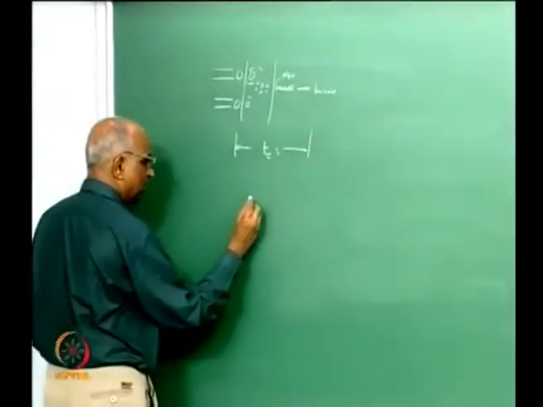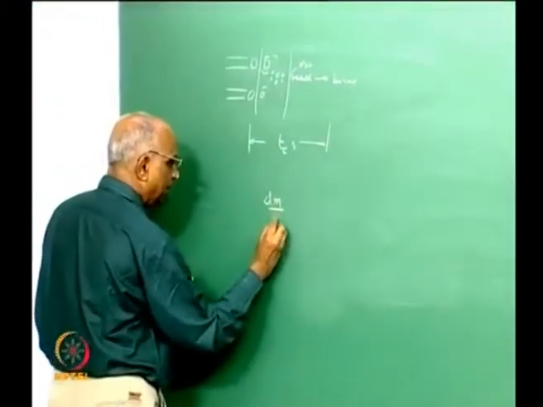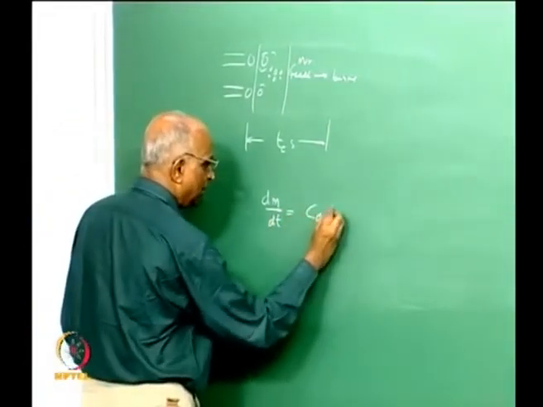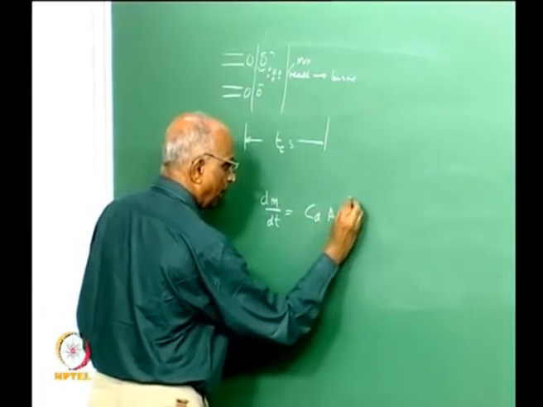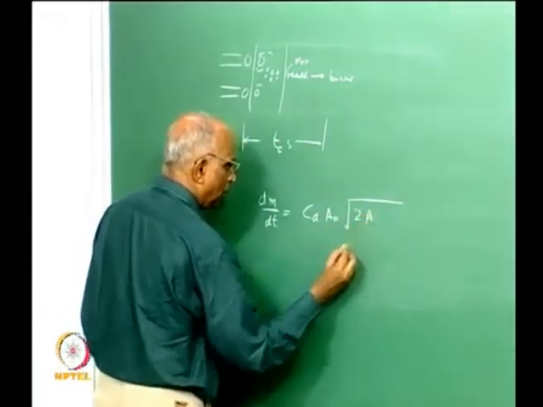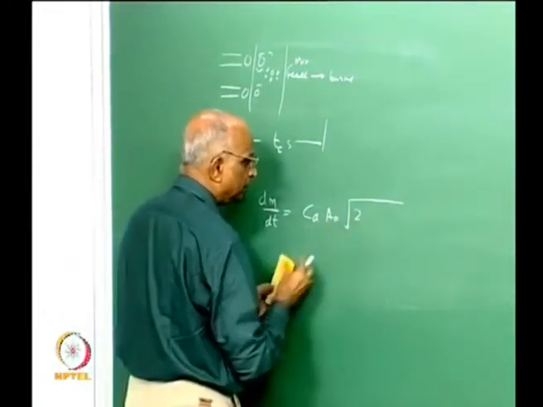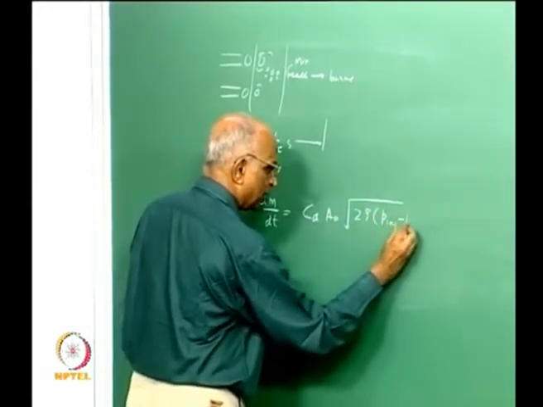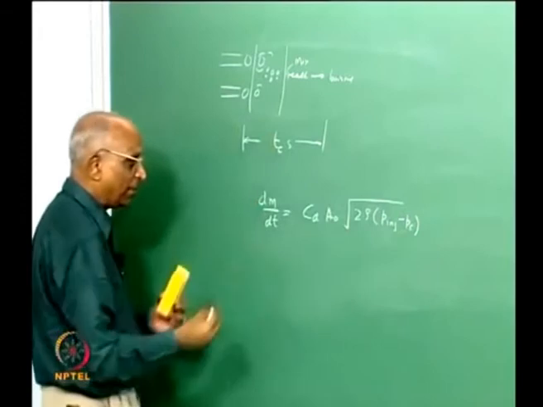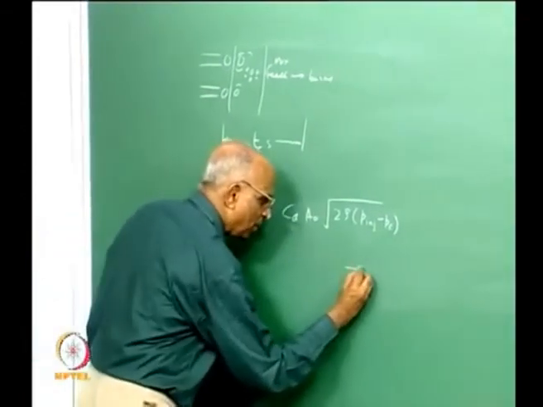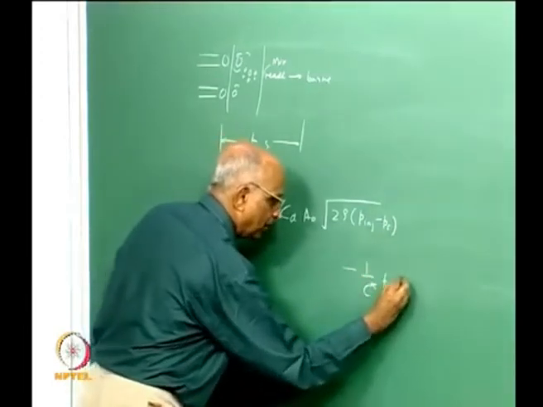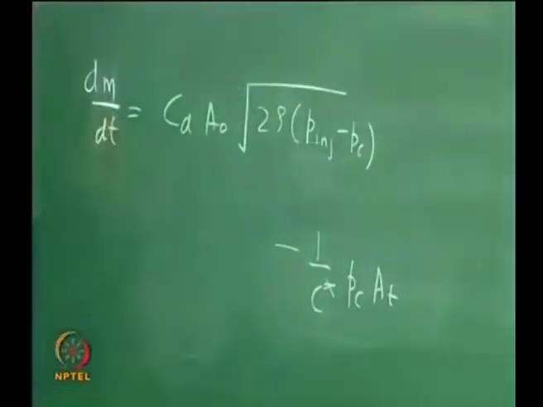Under normal circumstances, dm by dt, the rate at which mass is getting accumulated in the chamber, is equal to CD A0 under root 2 into density into P injected minus PC, which is coming in, and what is going out? Minus 1 over C star into PC into AT over here.